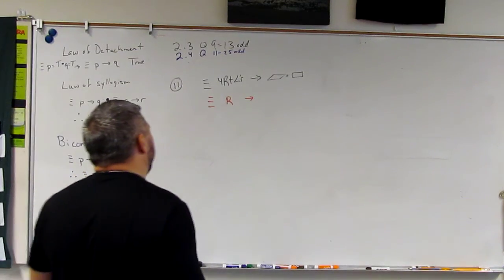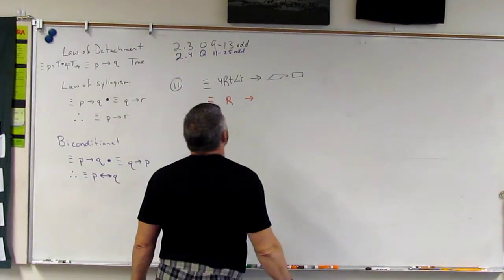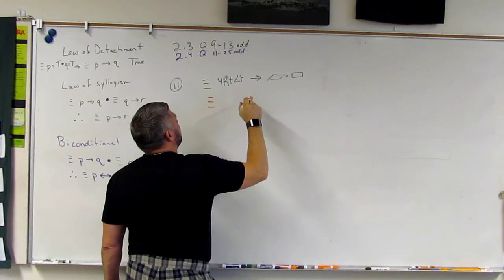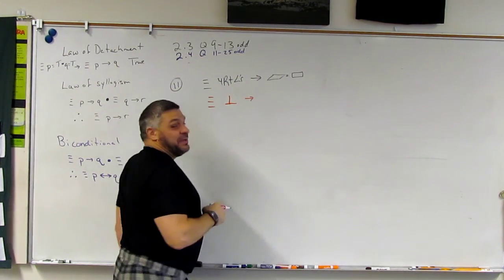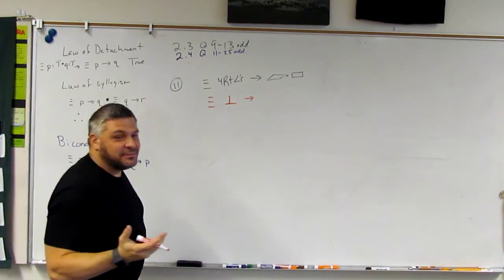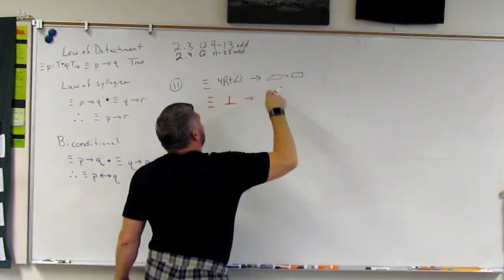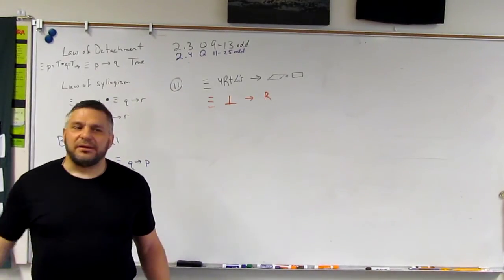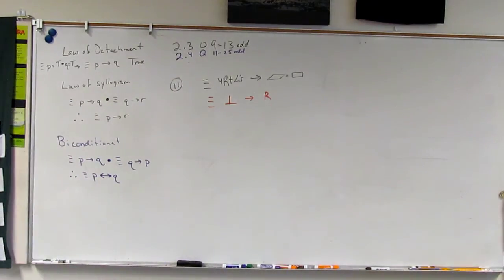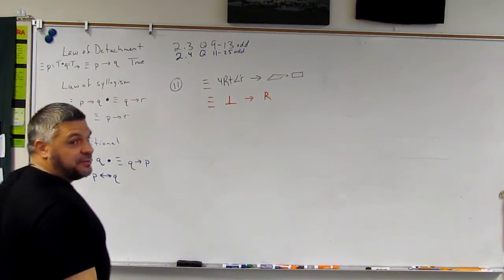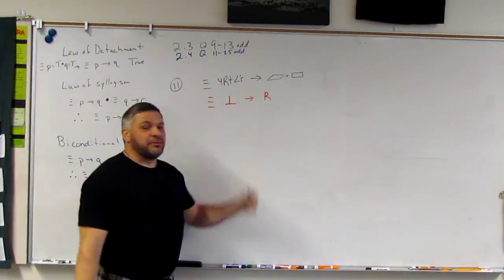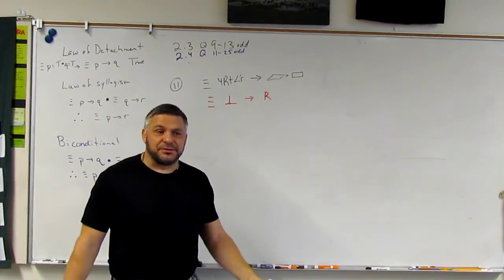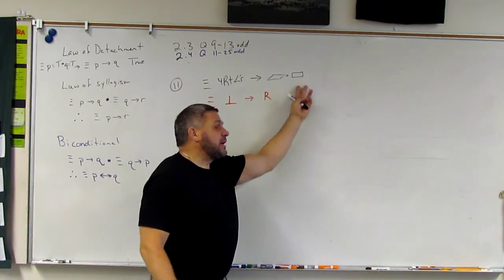Can't say square. Perpendicular. That's the same as right. So if right angles, then rectangle. Let's just say, if they're right angles, or perpendicular angles, then we have a rectangle. Is that true? If your parallelogram has right angles, then it's a rectangle.